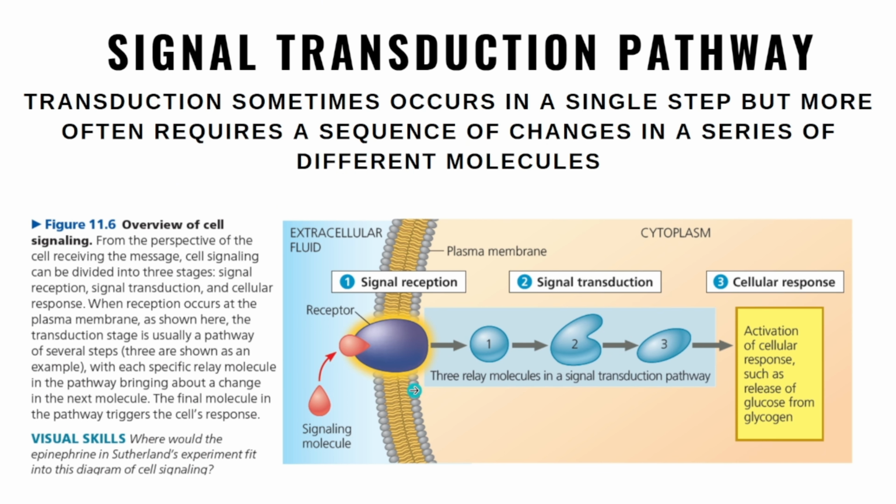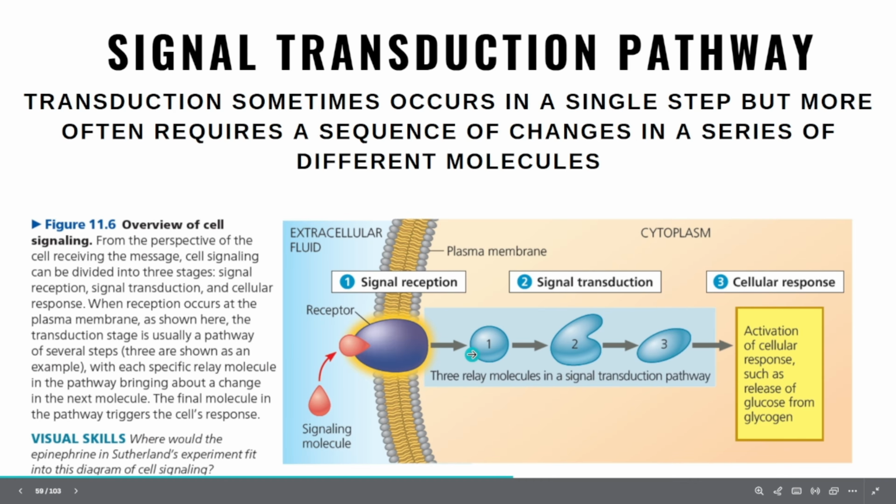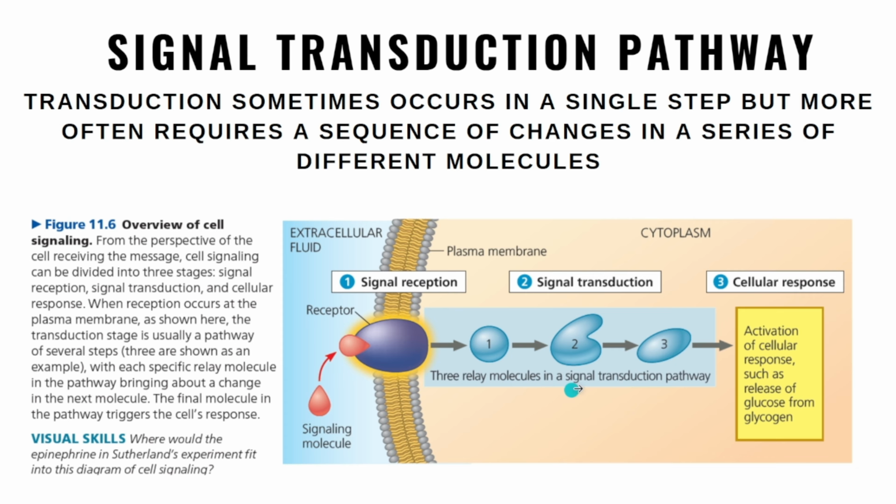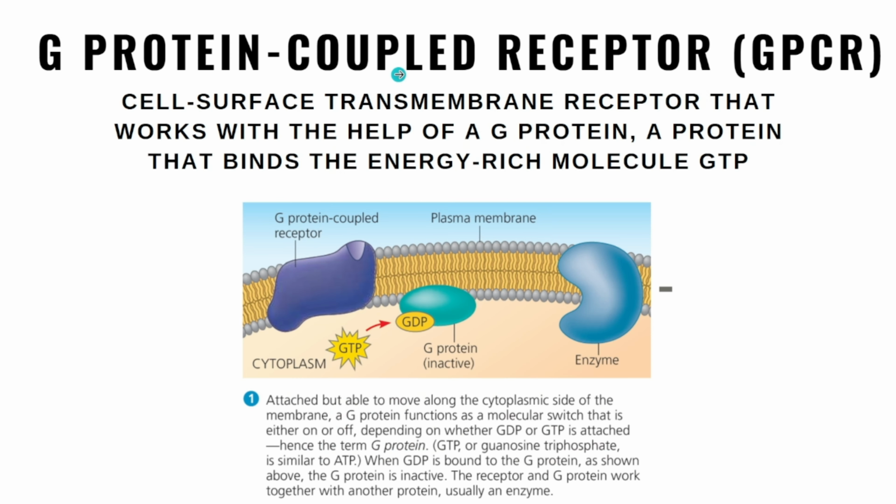After that, it goes through a series of chemical reactions we call signal transduction to produce a cellular response. Sometimes it occurs in a single step, but more often it requires a sequence of changes in a series of molecules. So this hormone binds to the receptor, then this molecule changes, then that molecule changes, finally leading to the cellular response. So it's more complicated. We call it a signal transduction pathway.